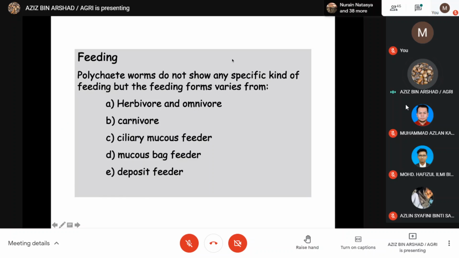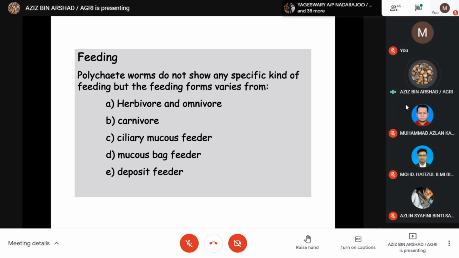Right, in terms of feeding, class Polychaeta shows a wide variation of feeding. There can be any of these. The reason for the wide range of feeding is the great diversity of the representatives of polychaete worms in class Polychaeta.